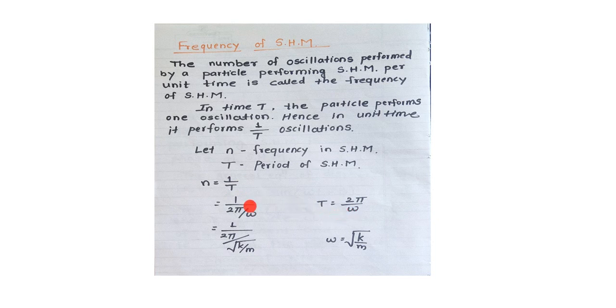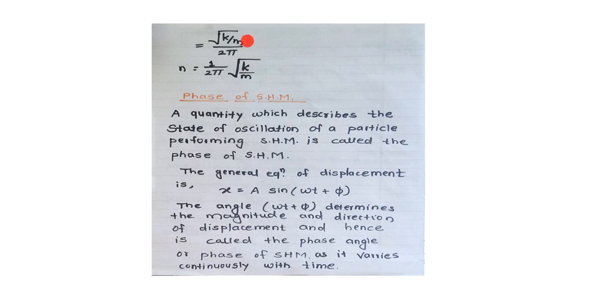Putting this in, we get n equals 1 upon (2 pi by omega), and since omega is the square root of k by m, solving we get n equals the square root of k by m upon 2 pi, that is n equals 1 upon 2 pi times the square root of k by m. This is the frequency of simple harmonic motion.